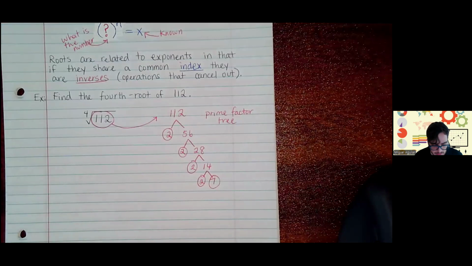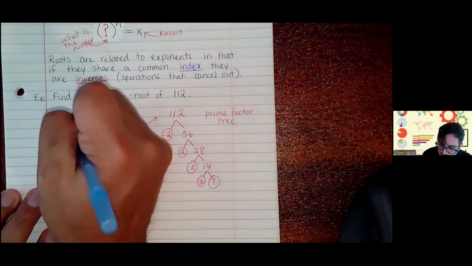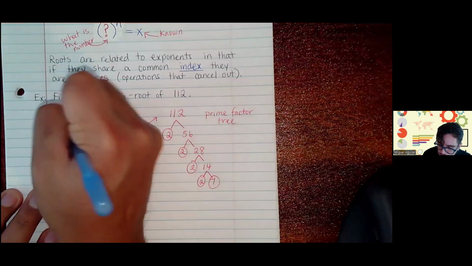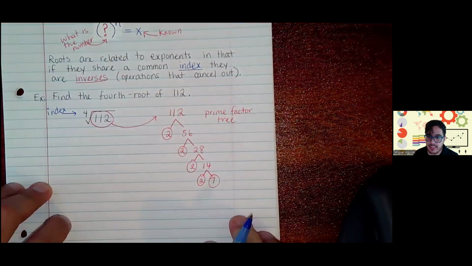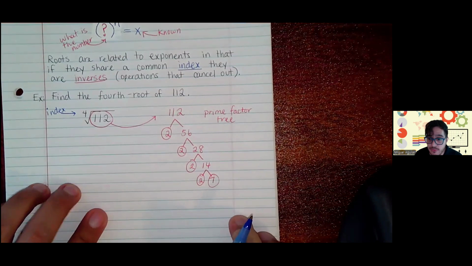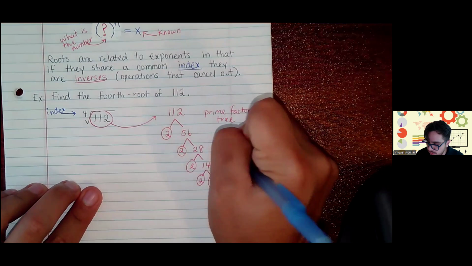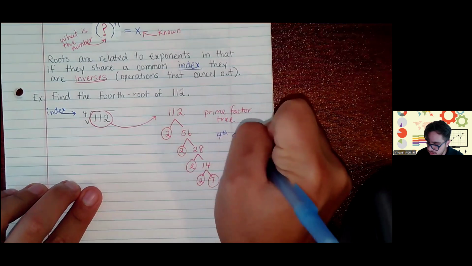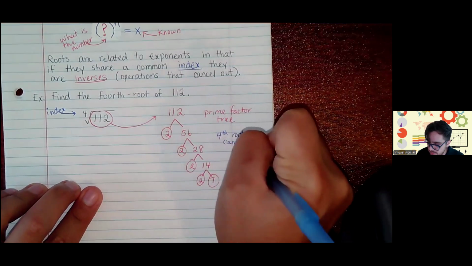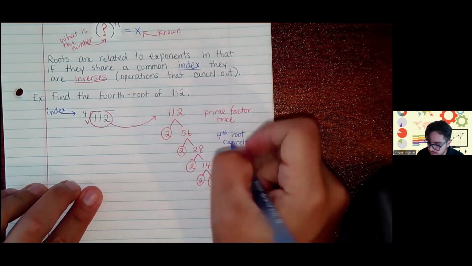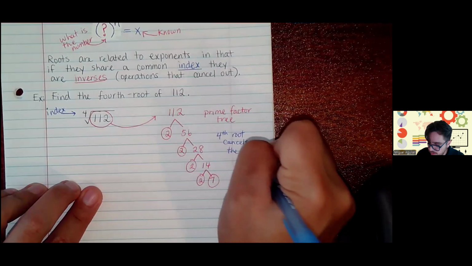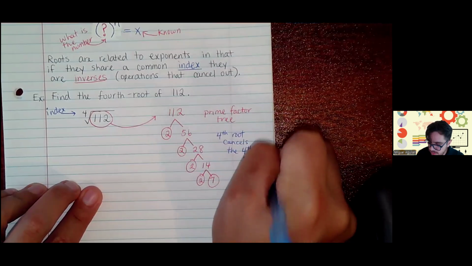Here we want to be very careful, because the index is a clue as to how we want to go about simplifying this expression. The index here is 4. So we should remind ourselves that the fourth root is the inverse of the fourth power.